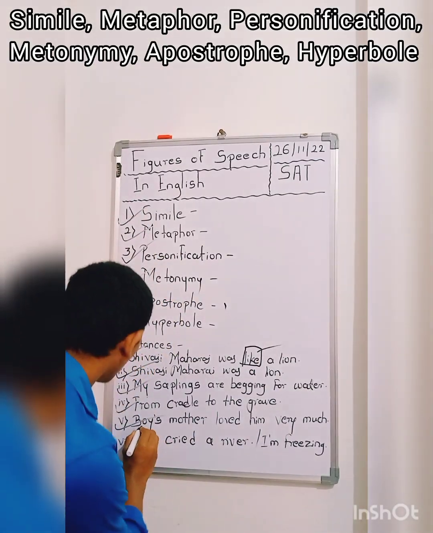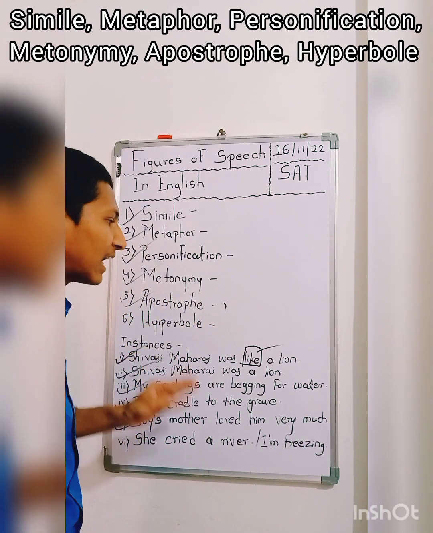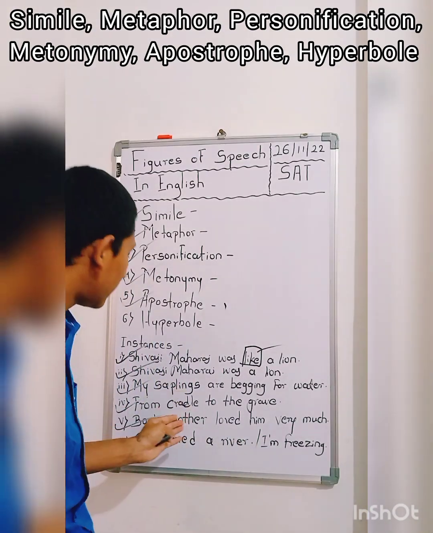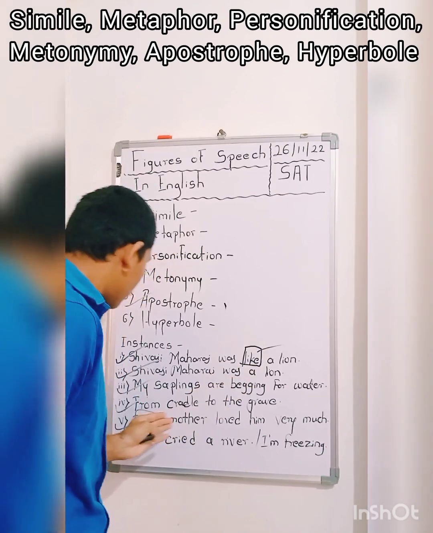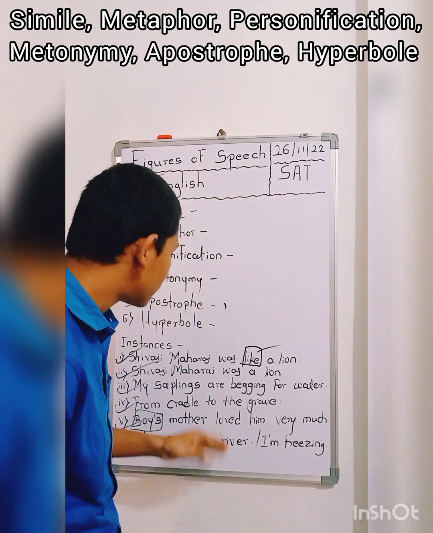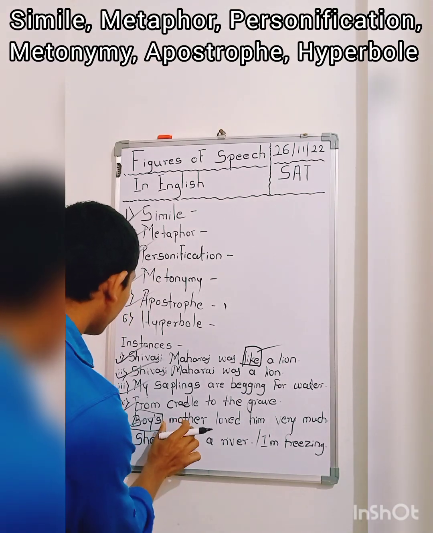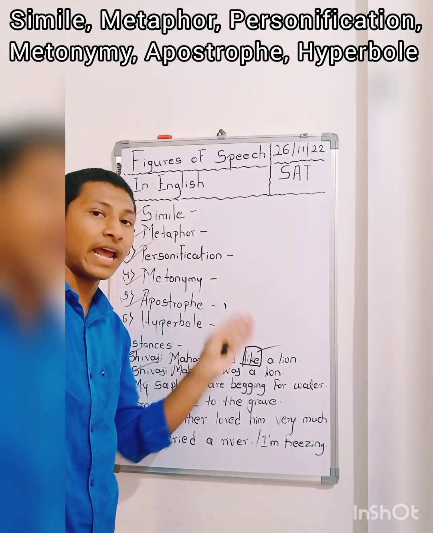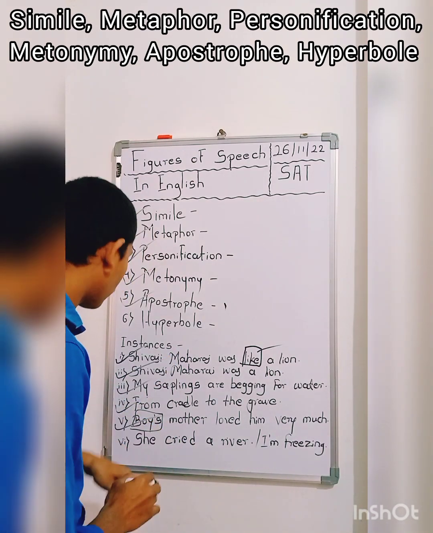This example, "boy's mother loved him very much", conveys that when the boy's mother was alive, she loved him. The author explained in a very sweet manner that the boy's mother loved him very much when she was alive with him. Now she is no more. Hence we use apostrophe in this instance.